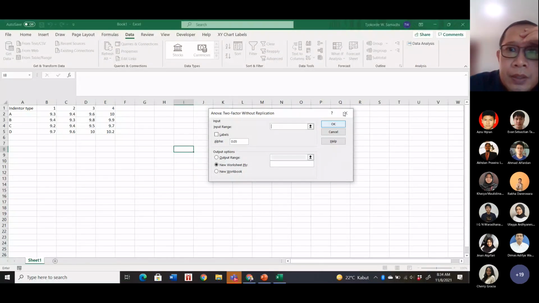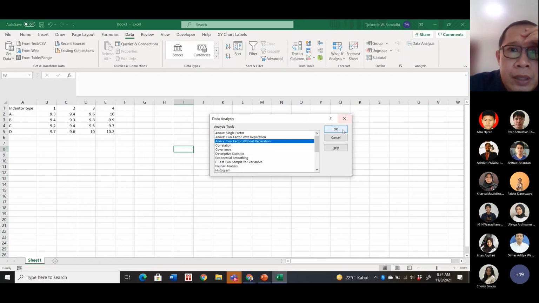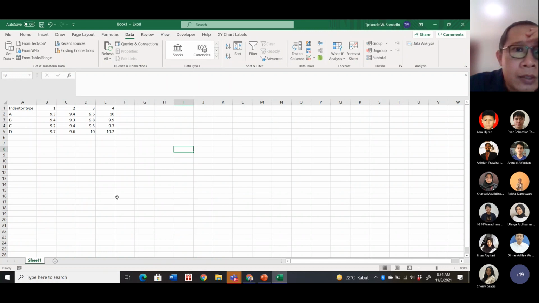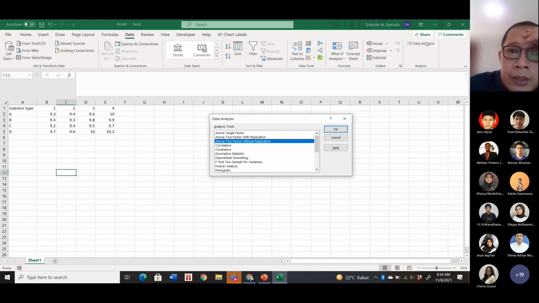Let me repeat the whole process again then. Click Data and then Data Analysis. Can you see the pop-up window? Yes, sir. Now we can see the pop-up window. Thank you. All right, good.